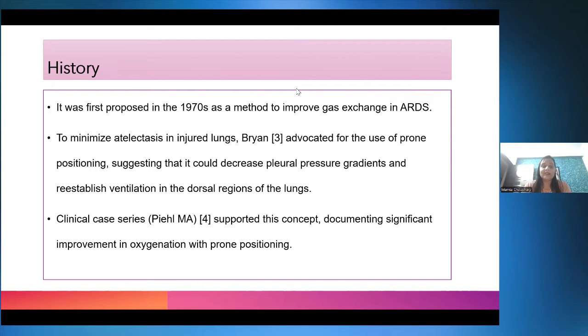Then in 1976, a clinical case series further supported this concept, documenting significant improvement in oxygenation in the prone position. And as I told, recently in the time of the COVID pandemic, this therapy has been used in COVID-19 patients, and it has been reported that this therapy improves oxygenation in COVID-19 also.